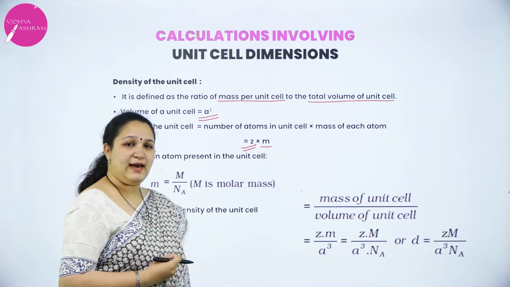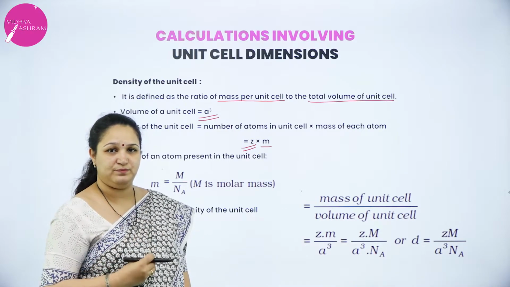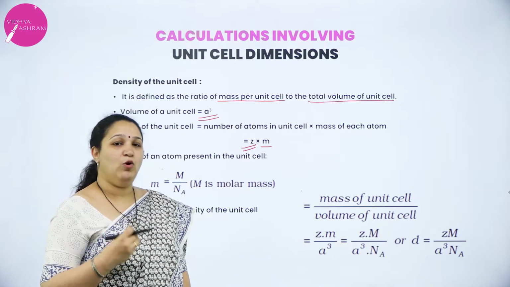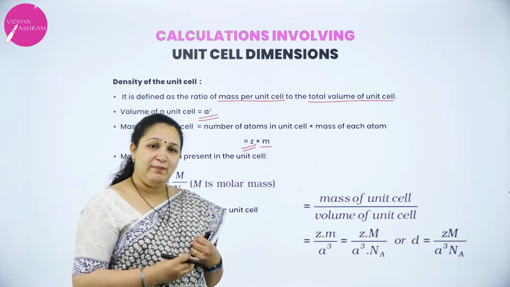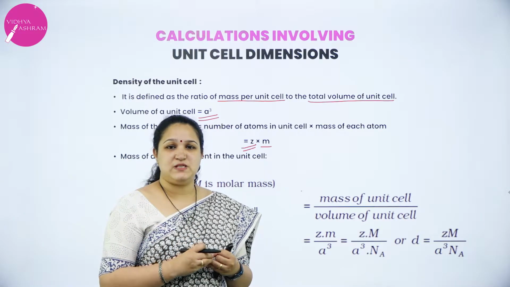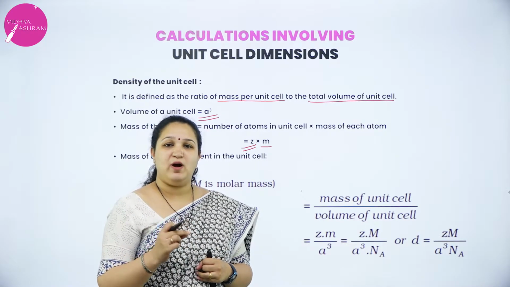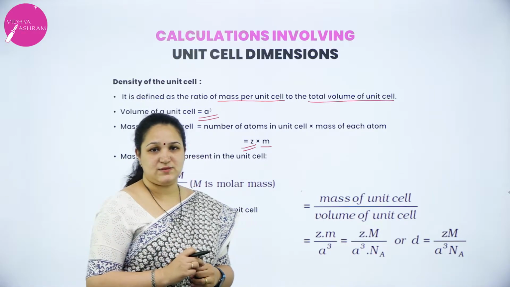Now, how do we get the mass of each atom? Here we are using the mole concept. In the mole concept, you know, gram atomic mass or gram molecular mass of any substance will contain 6.022 into 10 to the power 23 particles. Correct?